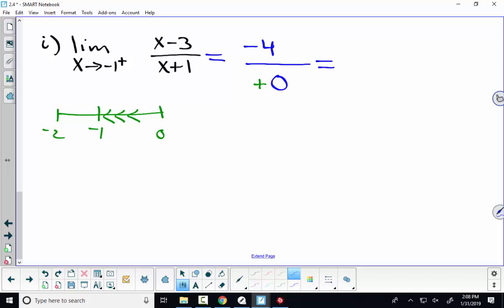So this approaches negative infinity. We've seen functions where we approach from either direction and the infinities are the same. They could be different. So don't always assume that they're the same, like in a rational function like this, and don't always assume that they're different. Seriously go through this analysis to determine what's happening.